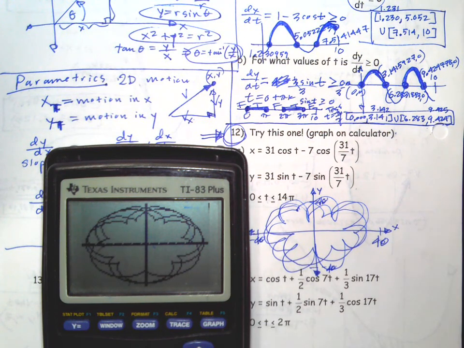Ooh, still going. Makes you think of those things you could draw. I don't know if anyone did that when they were a kid. All the different kind of spirals. So pretty cool. Next one.